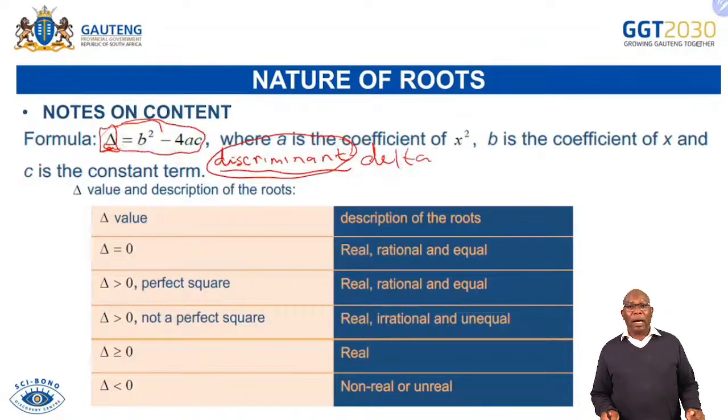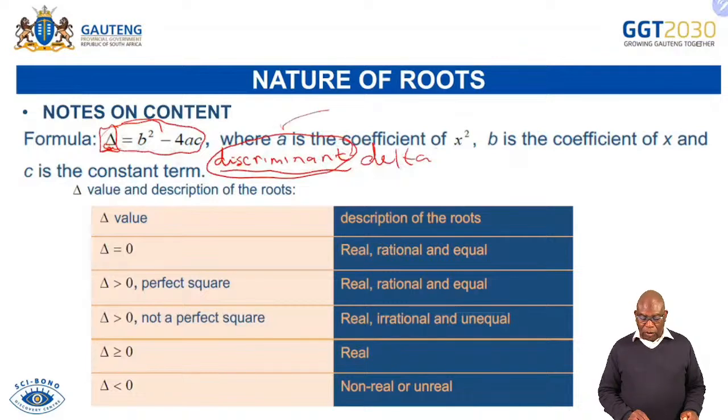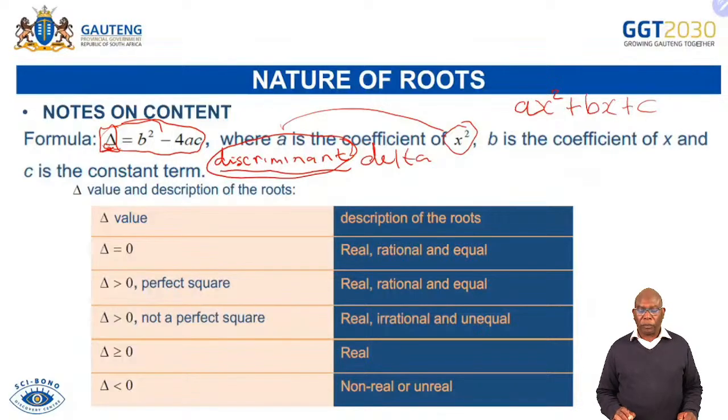Which means that I really need to work out something in order for me to get the nature of the roots. Now remember, a is the coefficient of x squared. So in other words, your equation must be in the form ax squared plus bx plus c, where a is the number that is next to x squared, b is the number that is next to x, and c is the constant. So if I've got a, b, and c, I can substitute them there.